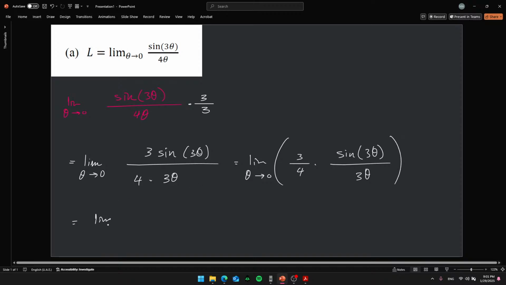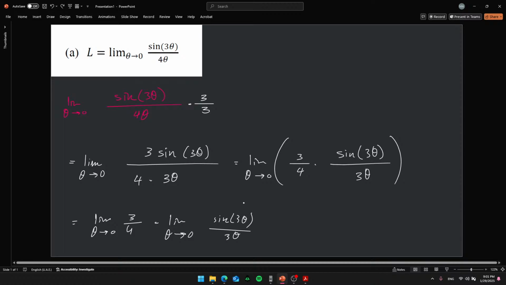So limit as theta approaches 0 of 3 over 4 times limit as theta approaches 0 of sine 3 theta over 3 theta. Now for this rule to be applied, the angle should match the denominator.